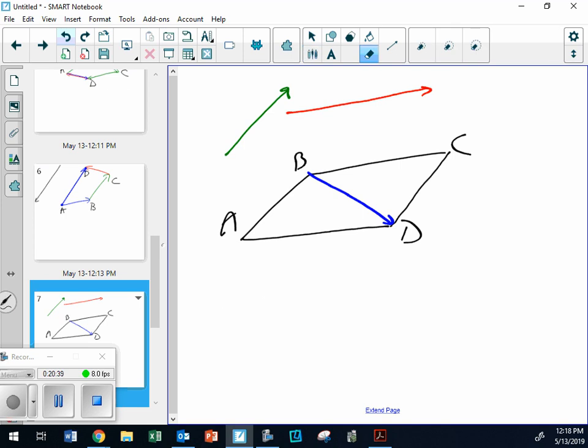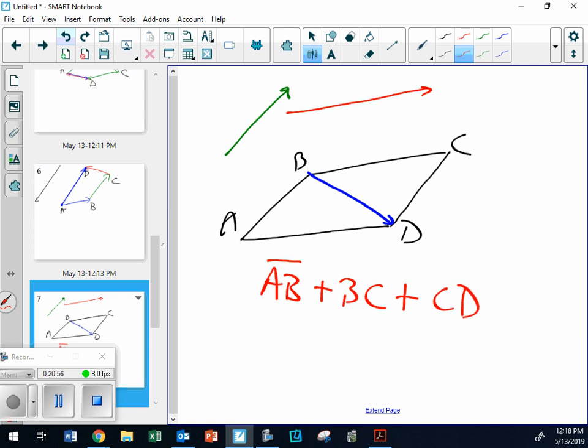So, how about this? Would this have been an okay answer? What's the blue vector? You could have said AB plus BC plus CD. And you don't know this yet, but this is the symbol for a vector.